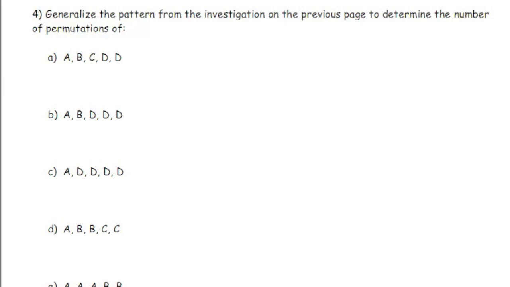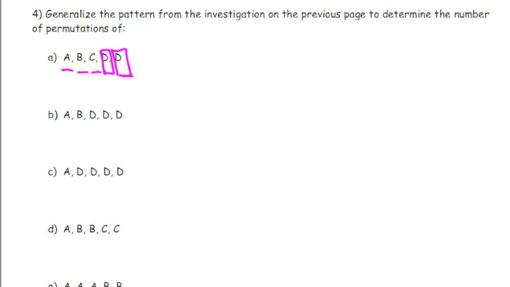And let's take a look at part A. The first thing you should always do is count the number of objects you have, and then count the number of identical objects you have. So let's start with the obvious. We have 1, 2, 3, 4, 5 objects. And of those 5 objects, we have 2 that are repeated or identical.